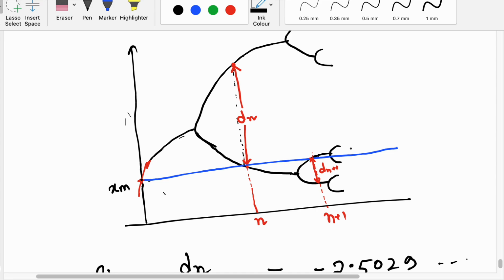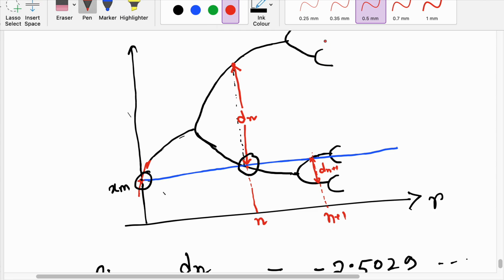Now what happens if, instead of observing from this point, I observe from this point? You find that a similar structure is there. Going from this point to here, two branches appear, then from those two branches again two other branches appear. So what is the difference between observing this point and this point? They look similar, but the only problem is the distance along the r axis got tinier.